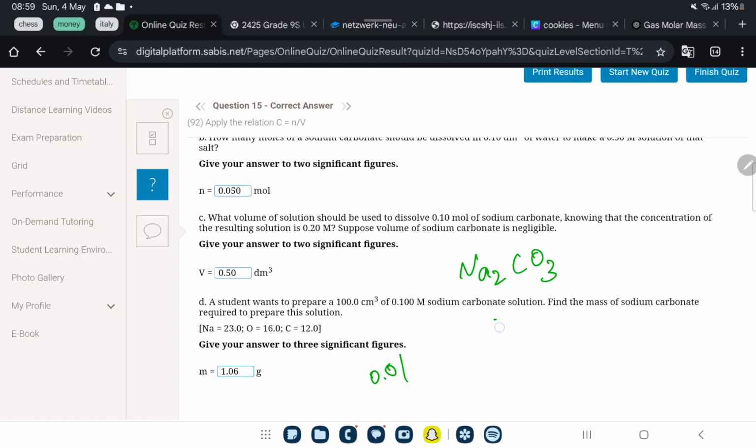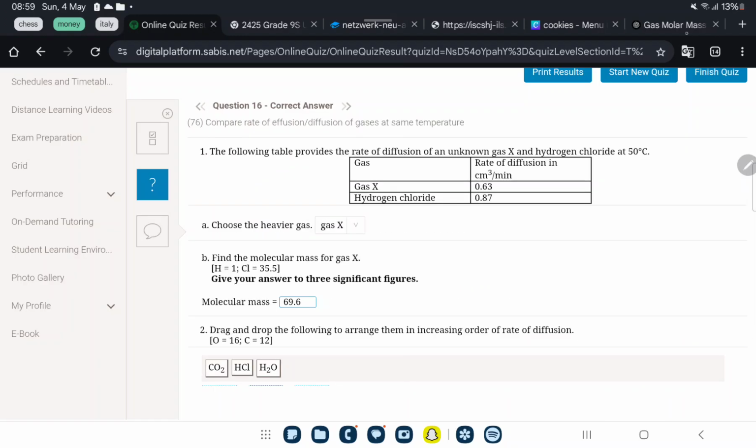Again, you're going to find it 46 plus 12 plus 48. You get 106 times 0.01, and you get 1.06. 3 significant figures. It's already 3 significant figures, and that's it.